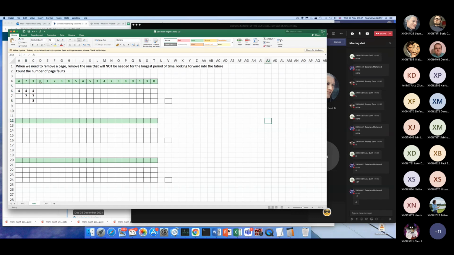So OPT, remember, you look to the right up here. And then if you have a choice, you revert to FIFO. So I'll do the first one here for you. 0 comes in. We've got 4, 7, and 3. Well, there's 7, there's 3, and there's 4. So 4 is the furthest in the future. So it goes 0, 7, 3.